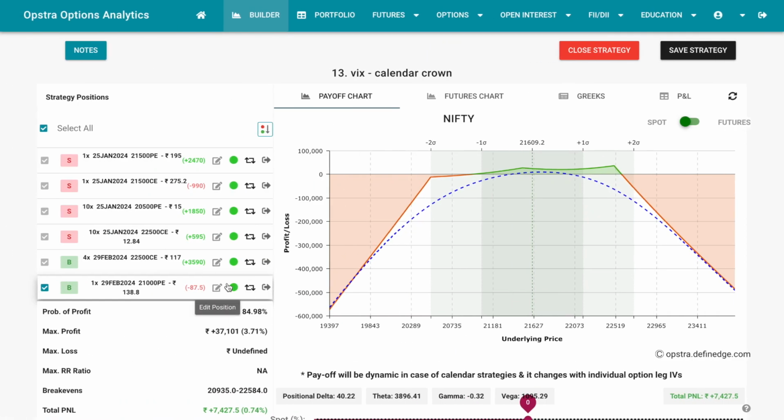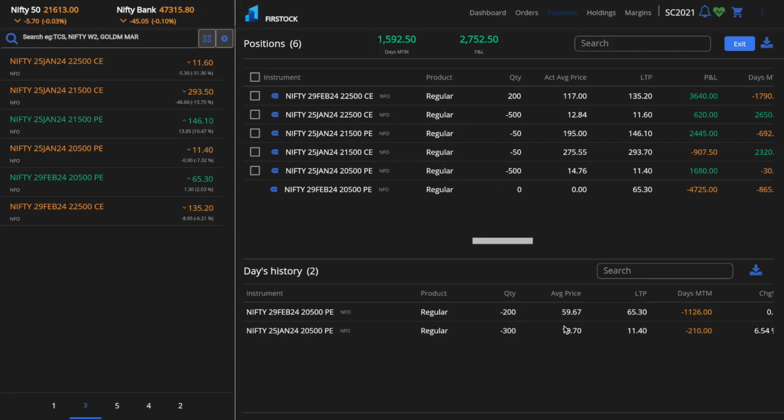So it was 83, it was 160, and the February PE is now 65. This was already like 120, 130. We had bought this at 130.